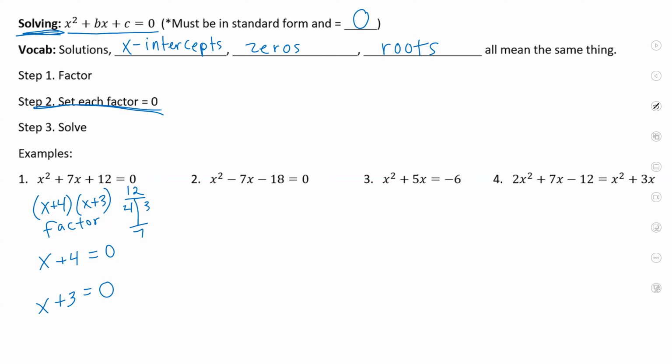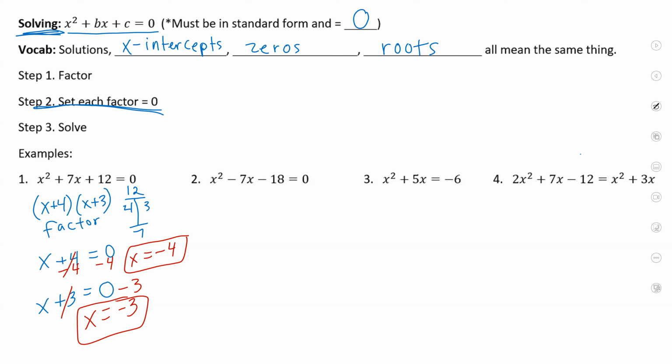And then you solve. How do I get x by itself over here? What do I subtract? I'm going to subtract 4, subtract 4. So I get x equals negative 4, because 0 minus 4 is negative 4. The next one, x equals negative 3. You just solve. So that's your answers.